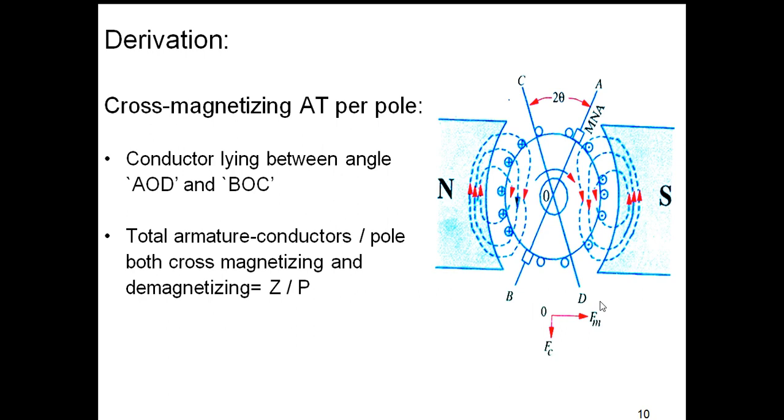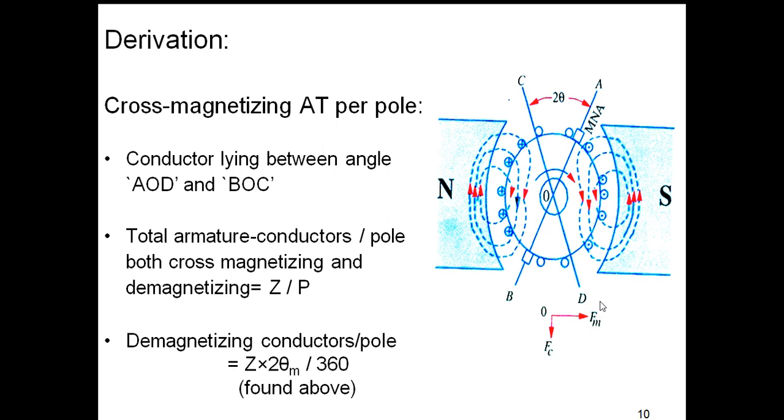Total armature conductors per pole for both cross magnetization and demagnetization is Z by P. We have already derived that the demagnetizing conductors per pole is equal to Z into 2 theta m by 360.